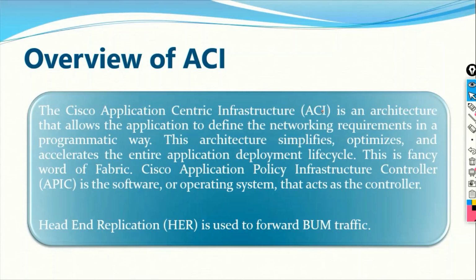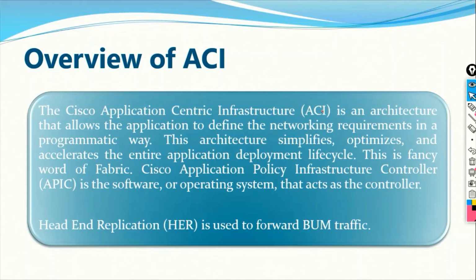Do the similar configuration on all the devices if needed, access or distribution layer, right? And come back to the other devices in parallel. But in ACI, it's not the same way. Everything is changed.